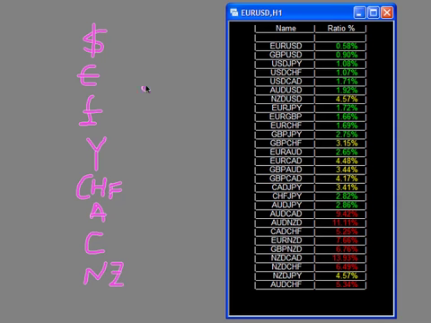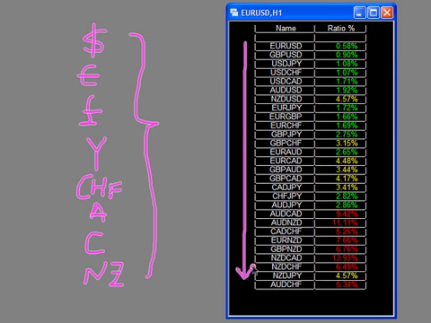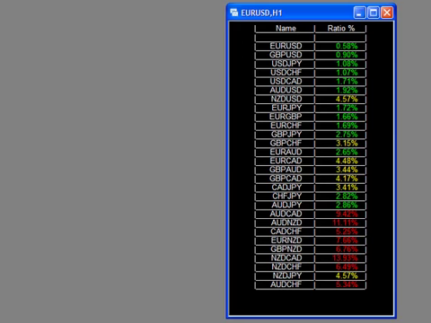If you combine these 8 major currencies, you get a total of 28 currency pairs, which is what this indicator keeps track of.